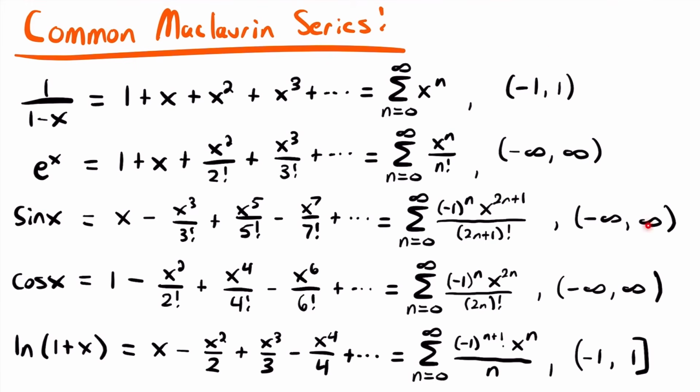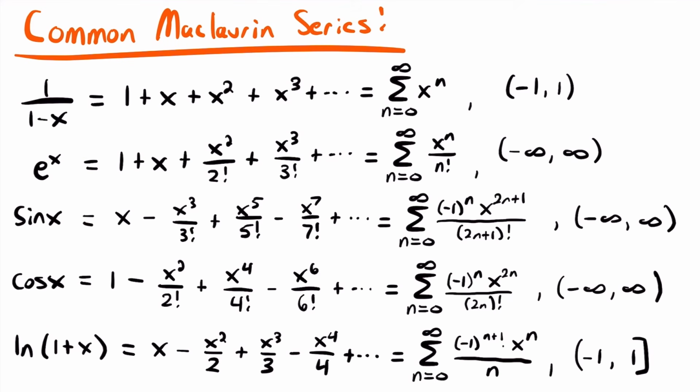The only time where the intervals of convergence may be different is when you want to represent a function as a Maclaurin series similar to one of these functions where the interval of convergence is not negative infinity to infinity. When you have negative 1 to 1 or negative 1 to 1 including 1, sometimes those endpoints could change depending on what is replacing x in the functions similar to these functions. And we'll take a look at that with one of our examples.